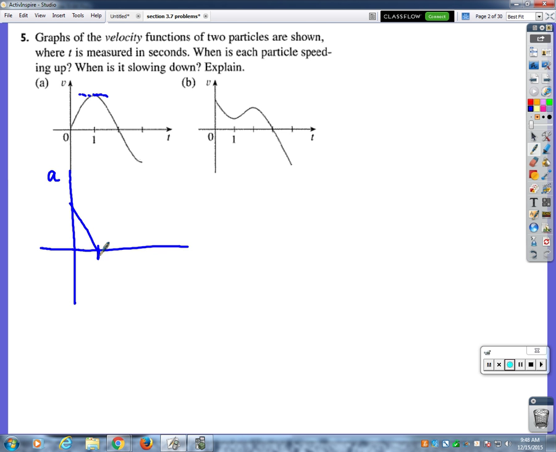That these are going in different directions. That's why these are important problems, because you have to expand your brain a little bit. Everywhere to the right of 1, the slope is negative, it's going down. So that means the acceleration line is going to be below. Okay? So now we can answer the question about slowing down and speeding up.